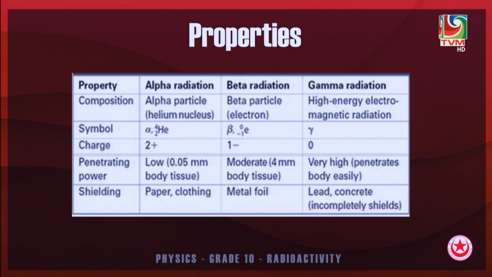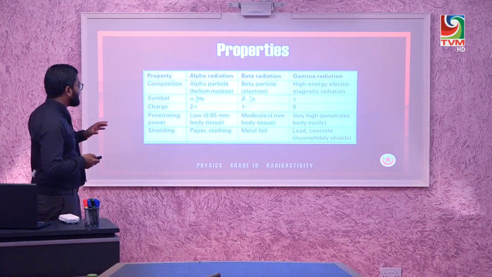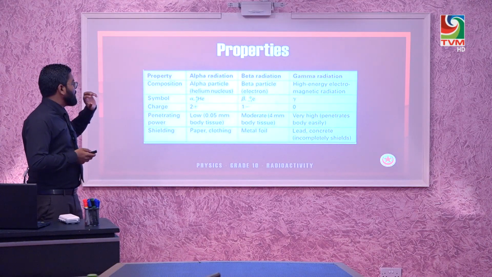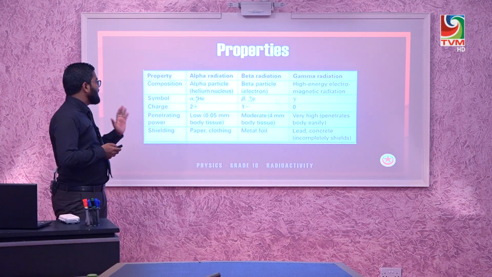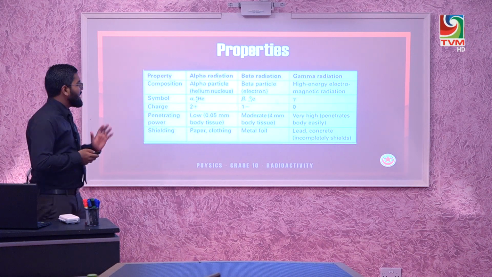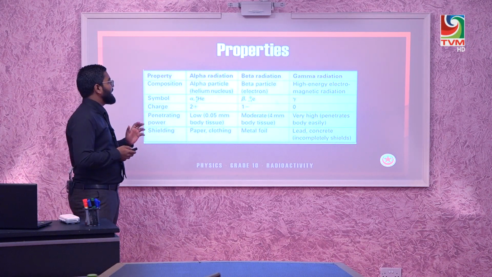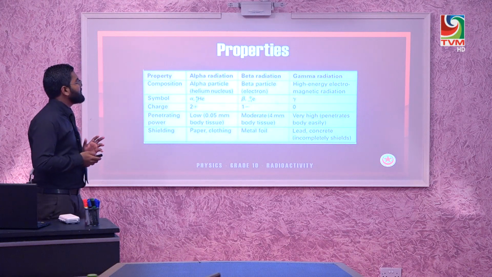You must note that it is not completely shielded because it's an electromagnetic radiation. Comparing the ionizing power, alpha has the highest ionizing, gamma has the least ionizing, and beta has a moderate ionizing power.